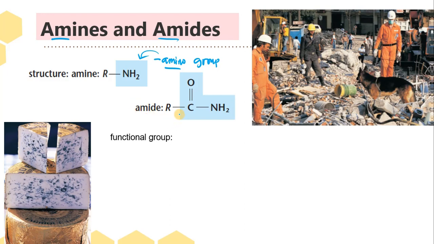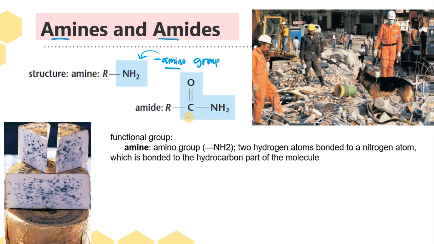Okay. Functional group. The first one, the amine, as mentioned, is NH2. So two hydrogen atoms bonded to a nitrogen, and this nitrogen is bonded to the hydrocarbon part of the molecule. Amide is bonded to a carbonyl group, so it is CONH2.